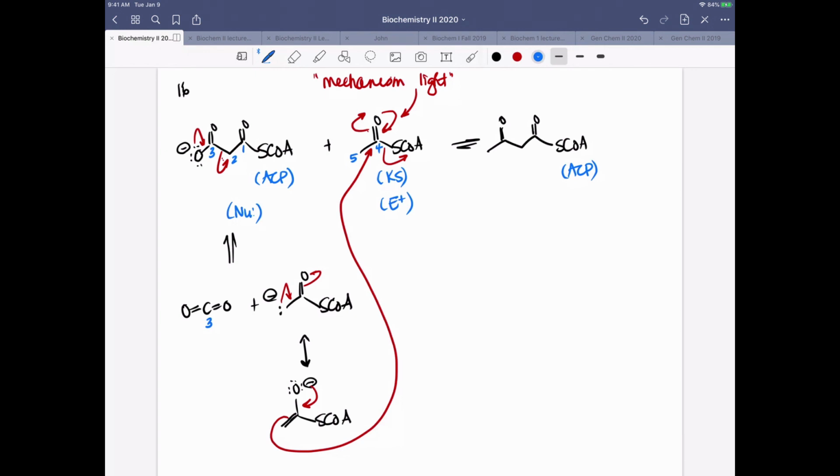And we've liberated free CoA so that it can go on and do additional chemistry. So if we start numbering things here, the first and second carbons were from our malonyl-CoA that was attached onto the acyl carrier protein. That was our nucleophile. And then we've got carbons 4 and 5 that came from, I'm sorry, from acetyl-CoA there. So we've hooked these guys together. We made a new carbon-carbon bond.